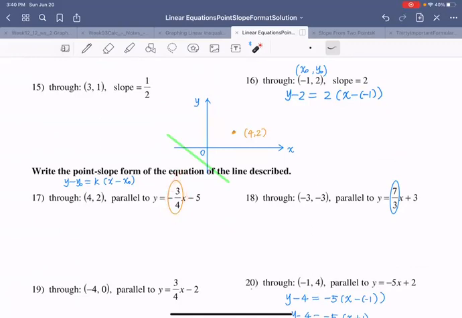So, Shangli, based on my hint, how do you do number 17? Go ahead.